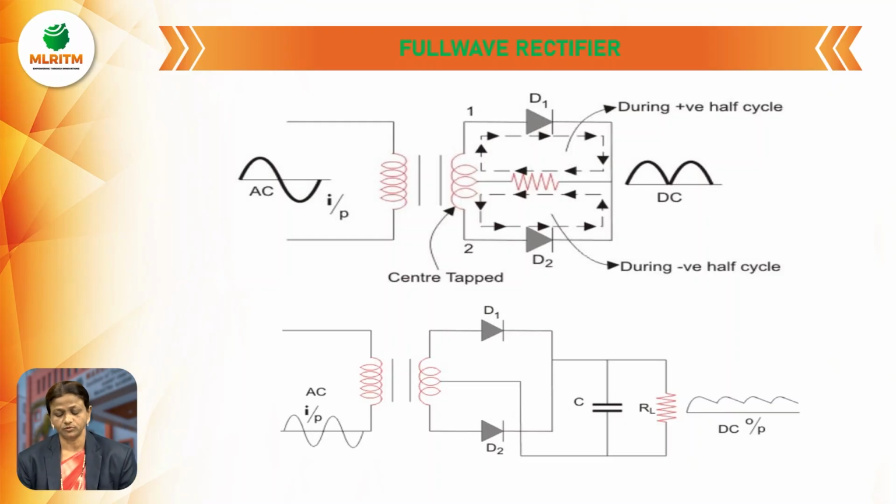This is the operation of the full wave rectifier. During the positive half cycle the AC is converted into DC, and during the negative half cycle it is also converted into DC. So you can reduce the ripples, reduce the AC component value, and increase the DC value. That is the main advantage.